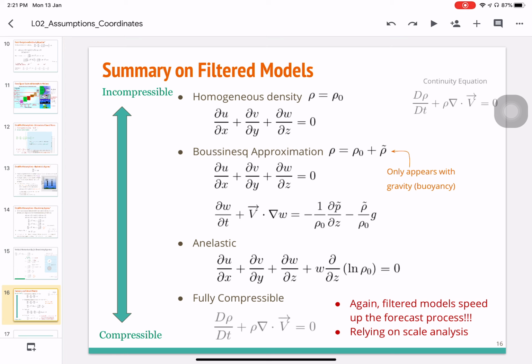This one is pretty special. People use this for the boundary layer. And then this one is inelastic, which is a little bit more complicated, because we allow the density to have different layers. And then fully compressible. Why do we do this? We want to speed up the calculation. This is the sole purpose of doing this.